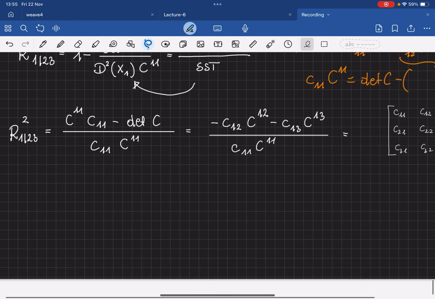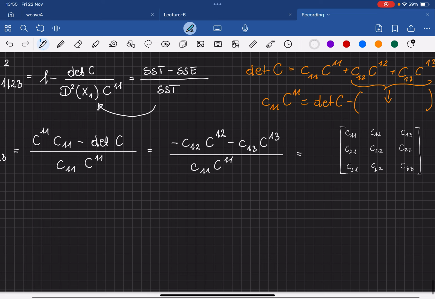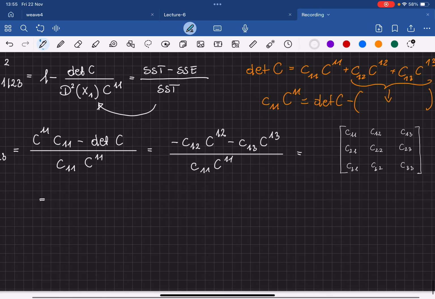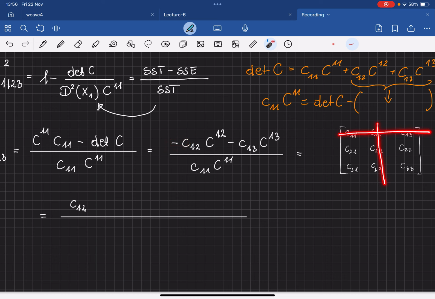We can look at this matrix and we can write the formulae looking at the matrix. Okay, so we have in the numerator C12 and minus algebraic complement of 1,2. Algebraic complement of 1,2 with minus.